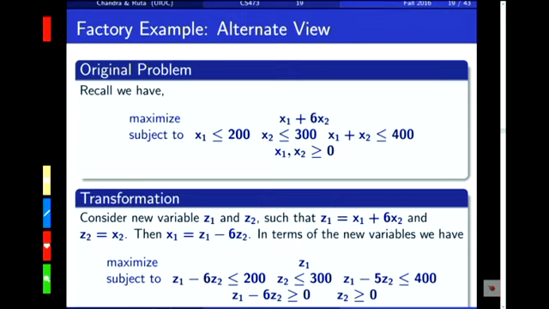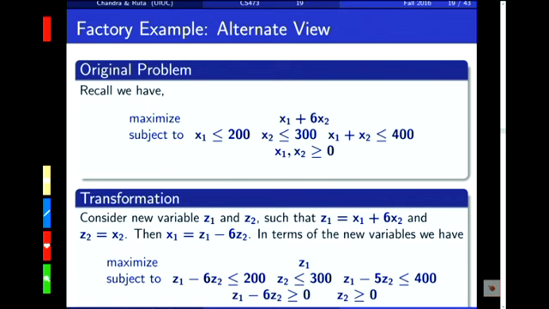Another point is that you can actually transform the problem where you are just maximizing some coordinate, some variable. Suppose we have this problem. Let me call this x1 plus 6 x2 as z1, and let's say z2 is just x2. Then z2 is x2, and this quantity is z1. So I can write x1 as z1 minus 6z2, right?